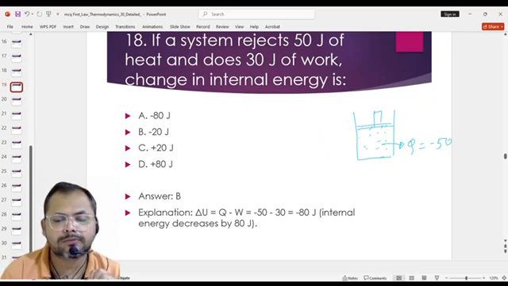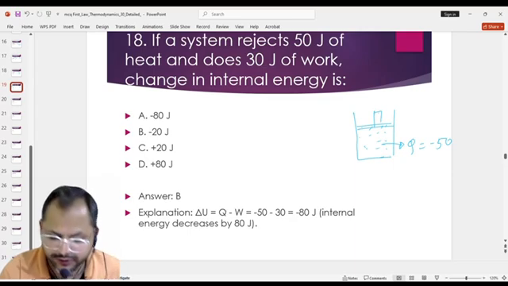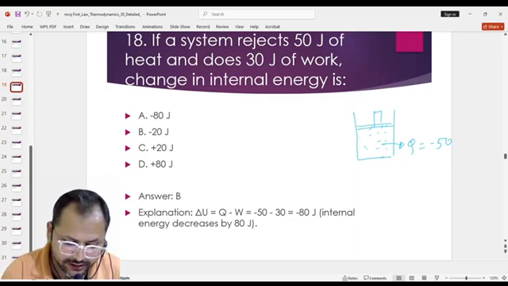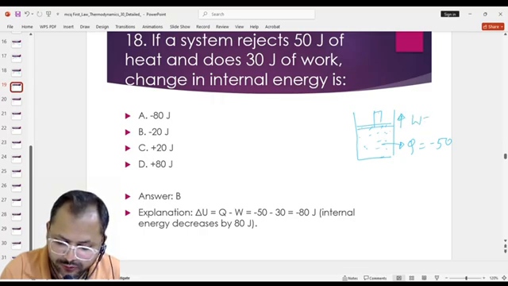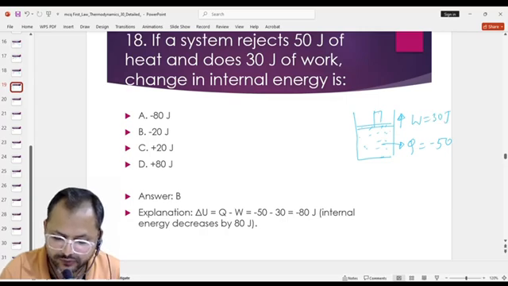When heat is absorbed, the heat is positive, and if it rejects heat, then heat is negative. So we have to use a negative sign for rejection. And the system is doing work due to the expansion. Work done equals 30 joule.